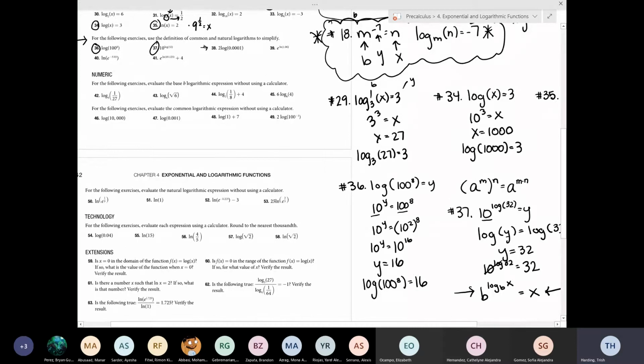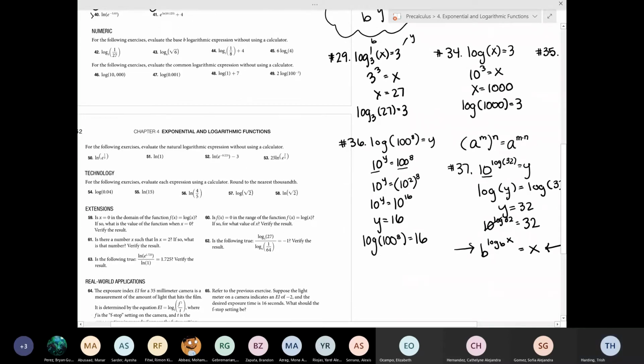This one you can use a calculator for. So number 39, remember ln has a base of e, so they will cancel and it will just be 1.06. So let's have a look at number 40. You will have ln e to the negative 5.03.